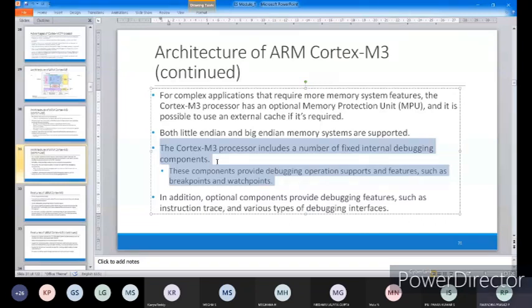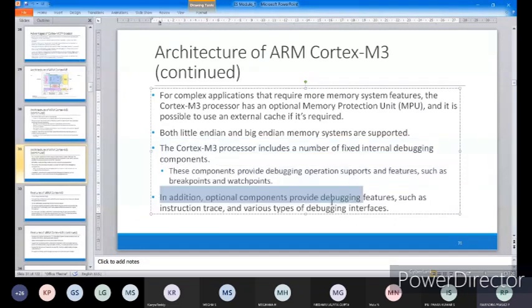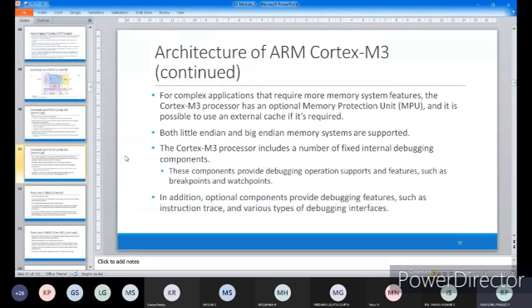Okay. So these are the things present in this internal part. In addition, optional components provide debugging features such as instruction trace and various types of debugging interfaces. That is what I have done. If any instruction is missing, we can go back and check what the issue is over there.